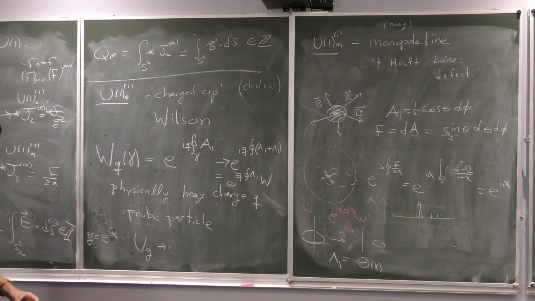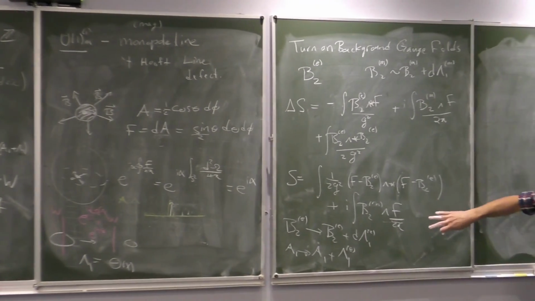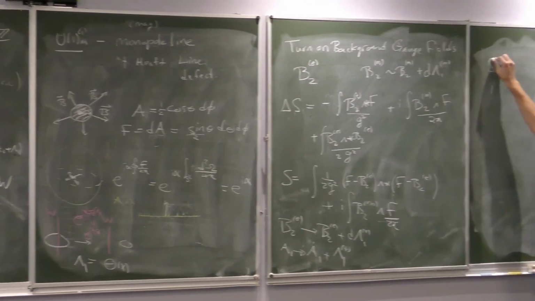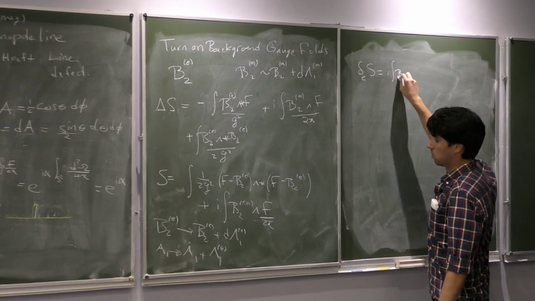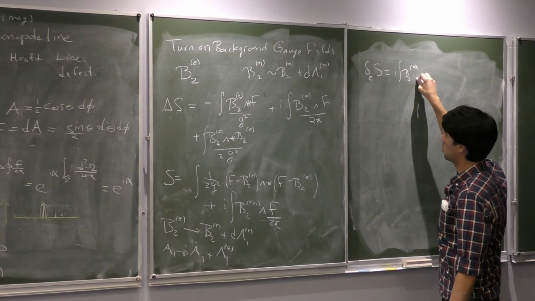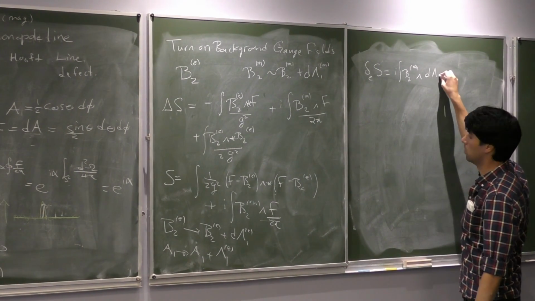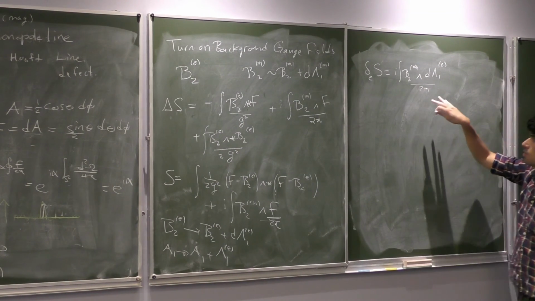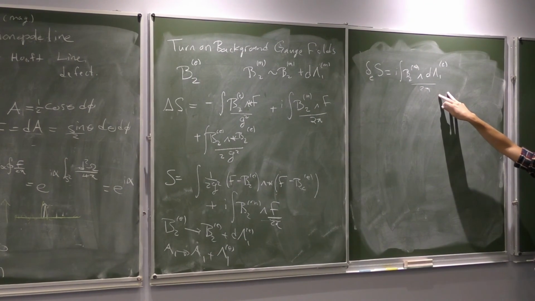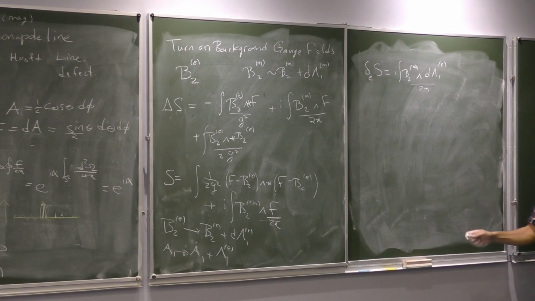So, back over here, the same computation from before tells you that the action is actually not invariant under electric transformation. And this again tells you that there's a mixed anomaly between electric and magnetic symmetries.